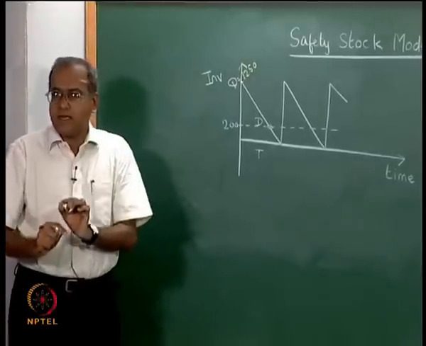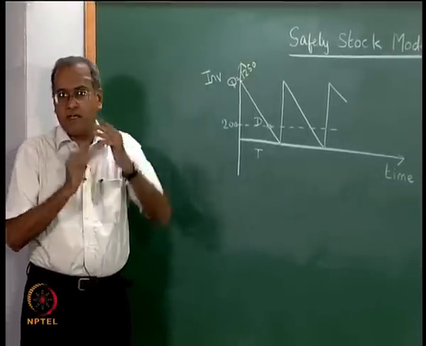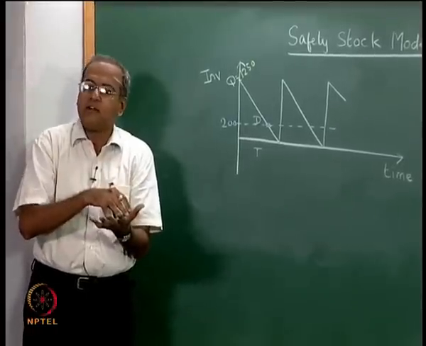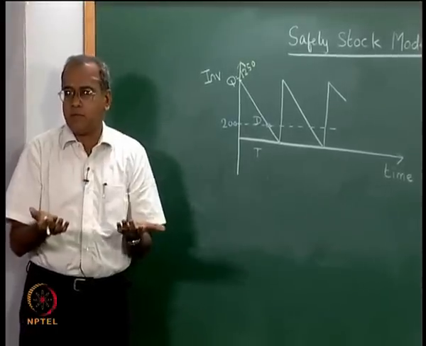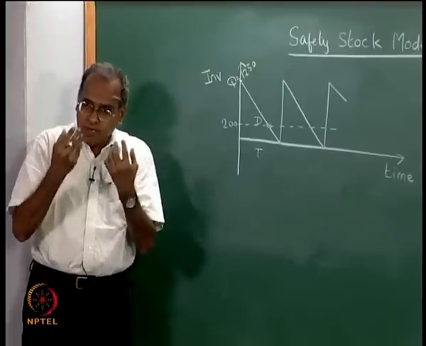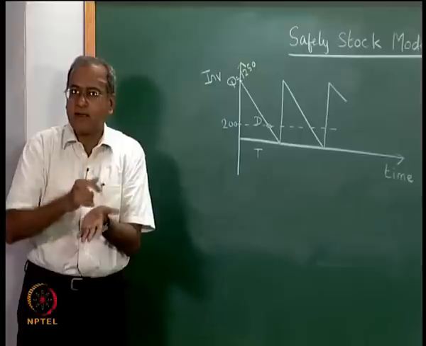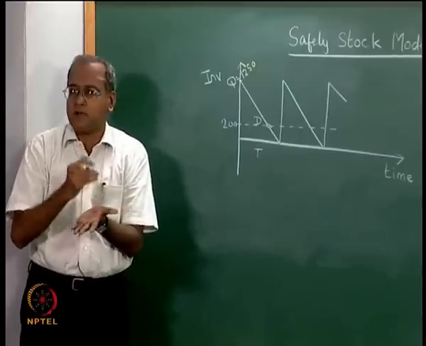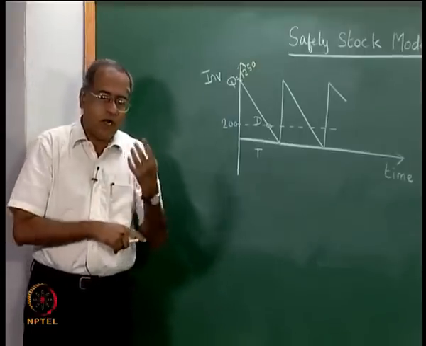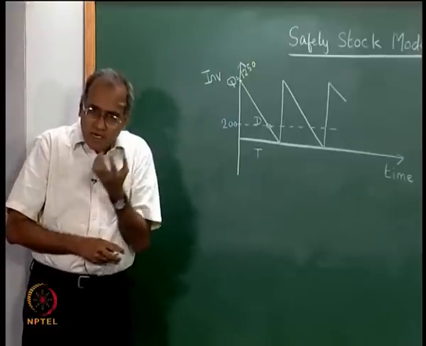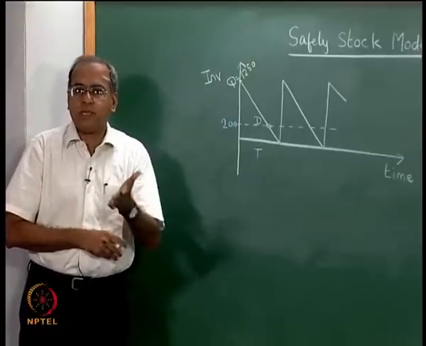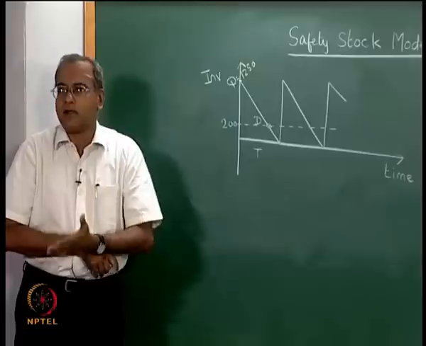We assume that with the quantity which is called the reorder level, which is with us, we will be able to meet the lead time demand. If we are able to meet the lead time demand, there is inventory before the next consignment comes. If we are not able to meet the lead time demand with the reorder level quantity, there could be some shortage or some back ordering.